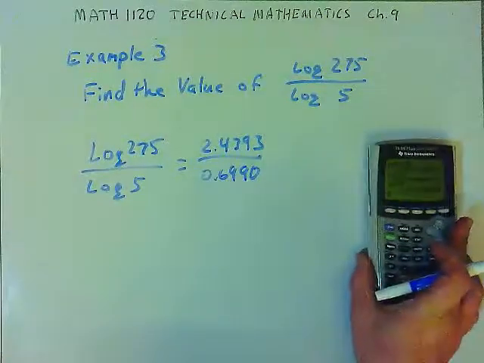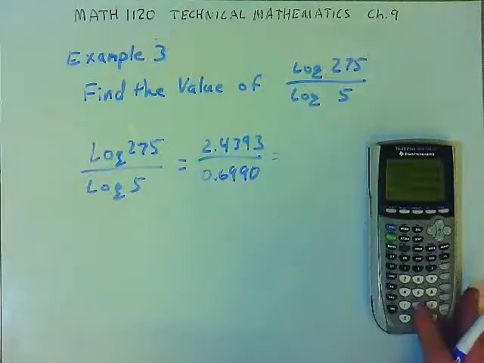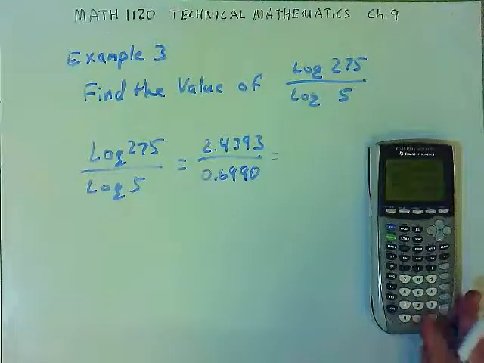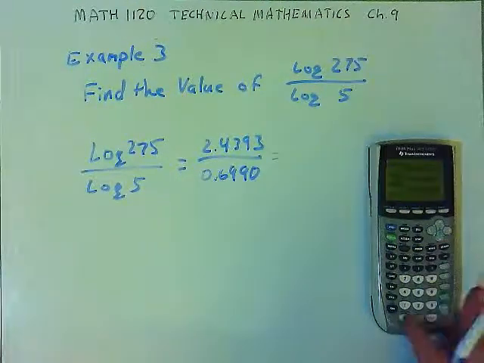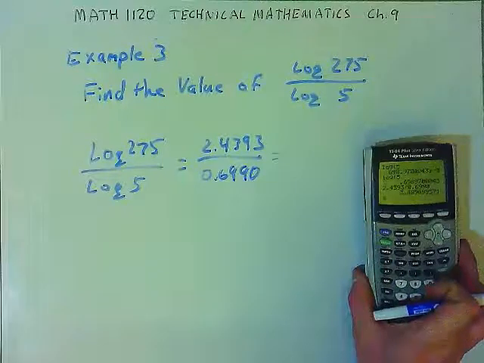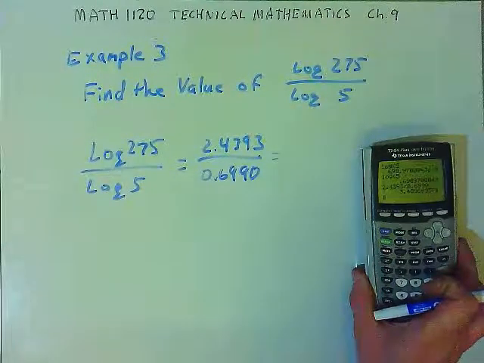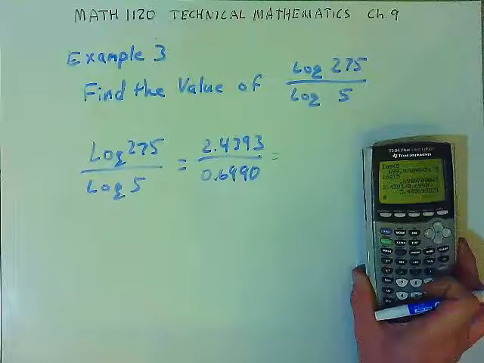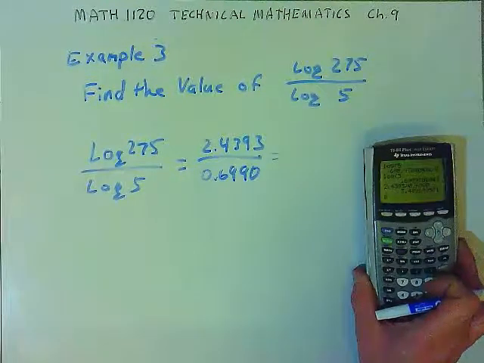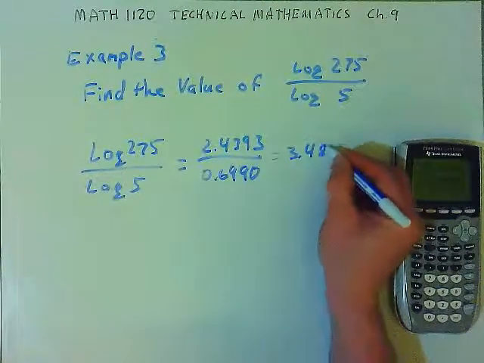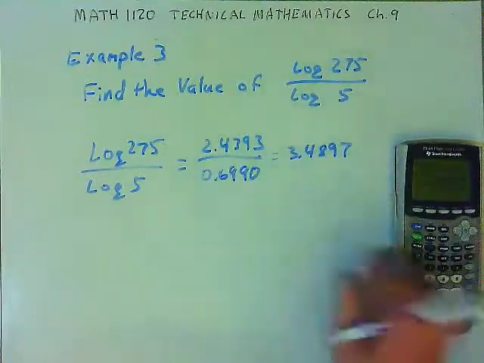And now we can divide. We'll take 2.4393 and we'll divide by 0.6990. And we get 3.490. How about 3.4897? So we get 3.4897. And that'll be the answer.